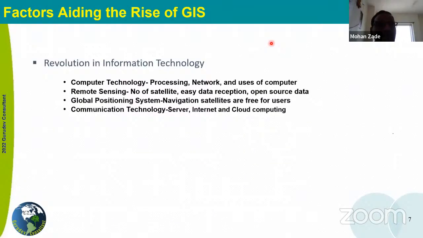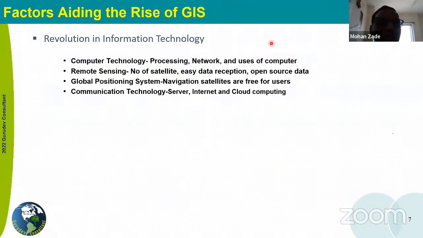So why is it rising? Because there have been many revolutions in information technology. First is computer technology, processing, networks, users of computers, remote sensing. The number of satellites has been increasing. Data reception is now very open, and a lot of open source data is also available.